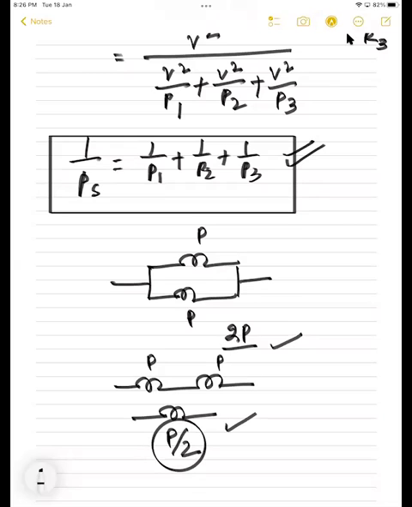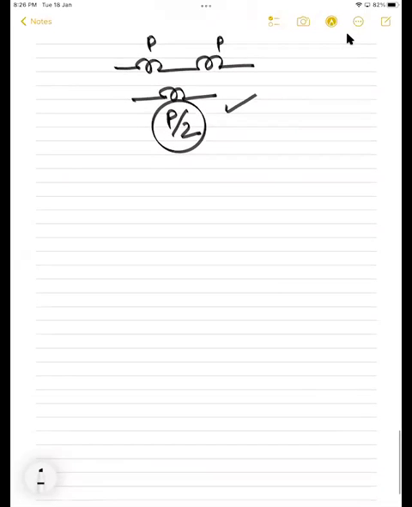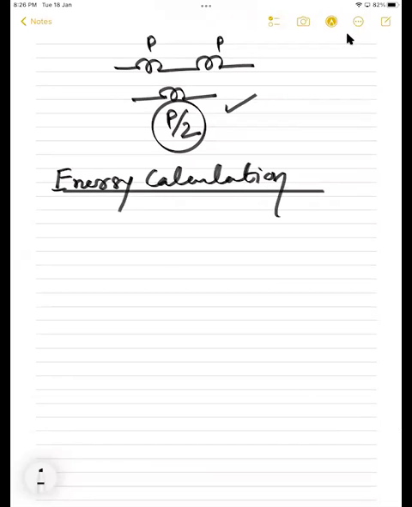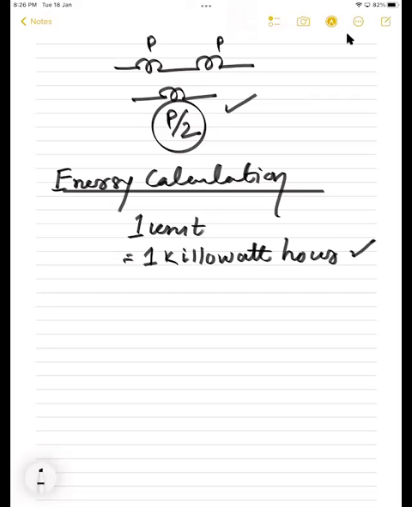And there is something, energy calculation in case of a bulb. In the house, how do they calculate electricity? Students, look, the unit of electrical energy is 1 kilowatt hour. They say 200 units came in the house, so 1 unit means how much? 1 kilowatt hour.